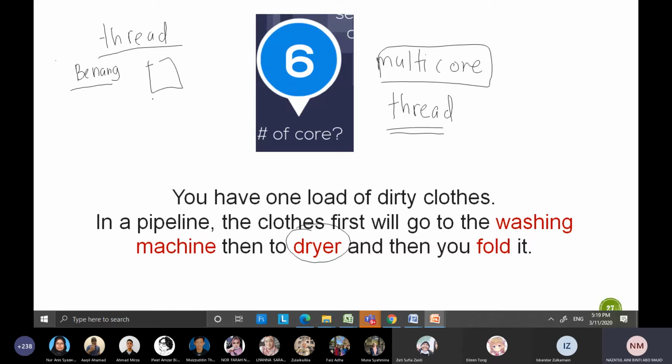We have a program, and when you execute a program, it is called a process. A process is a program in execution.